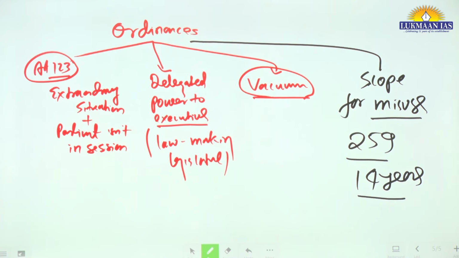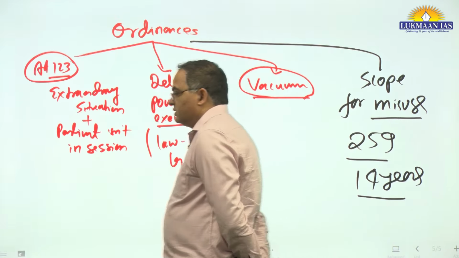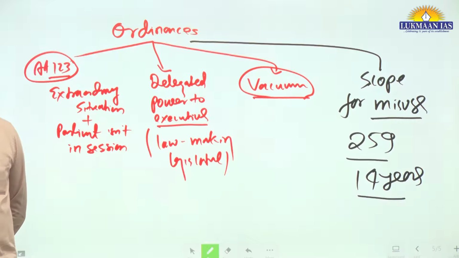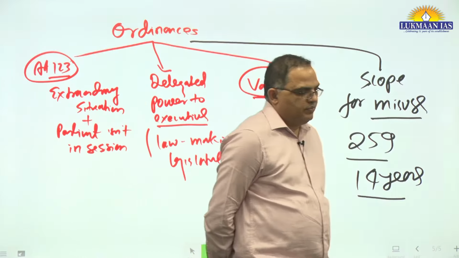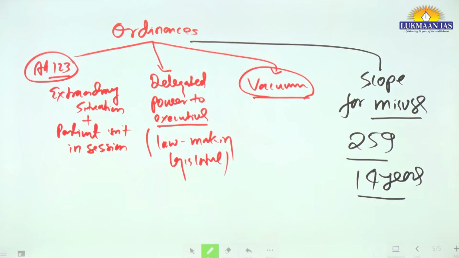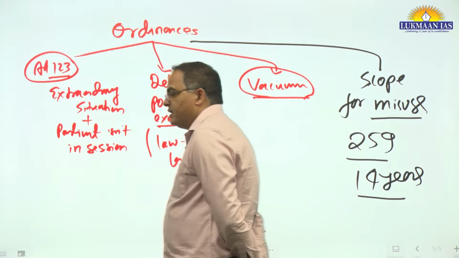Hence, the executive has the same benefits in issuance of ordinances as law made by the legislature.